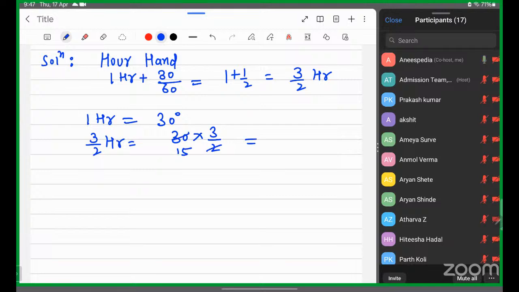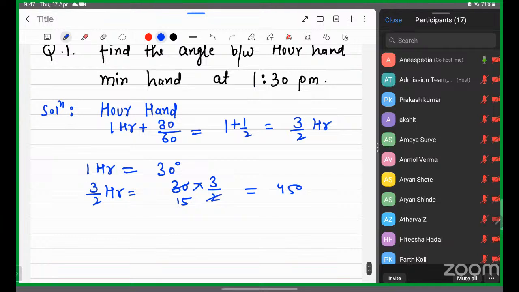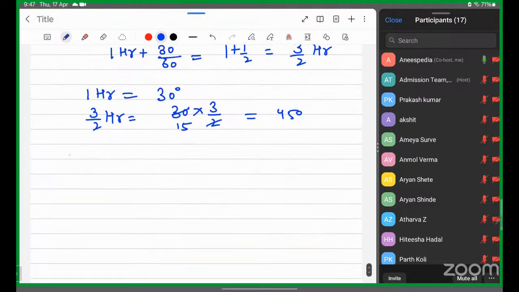So this will be how much? 45 degree. And if you will find the angle for minute hand, we have 30 minutes.